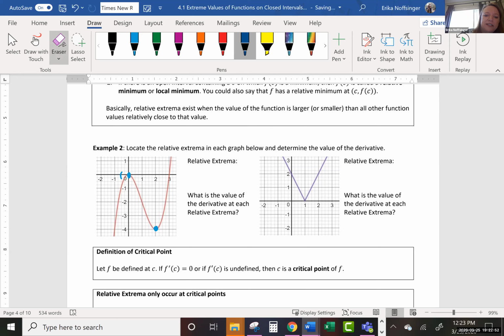And so by definition, this is a maximum point. So at x equals 0, you have a relative max of 0. And then looking at our min, right?